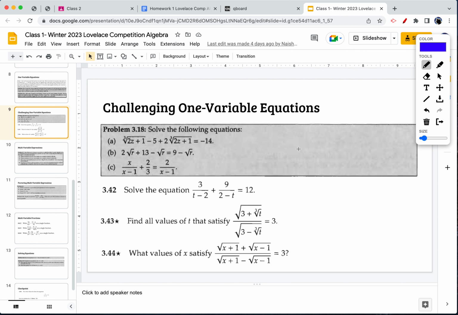So I want to end class with a relatively hard problem. So I'll do 3.43 first.